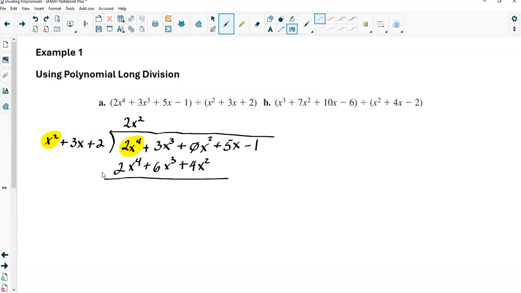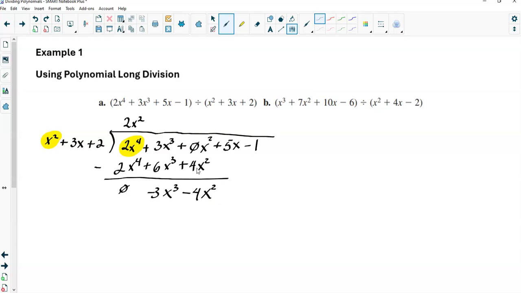The next step is subtract. So 2x to the fourth power minus 2x to the fourth power, that's 0. 3x cubed minus 6x cubed. Remember, this minus changes that, so 3 minus 6. That would be your x cubed, and 3 minus 6 is what? Negative 3. 0 minus 4, so this changed to negative. So 0 minus 4 is negative 4.